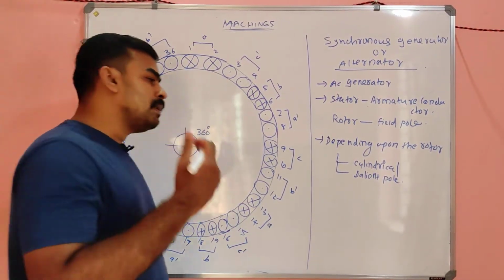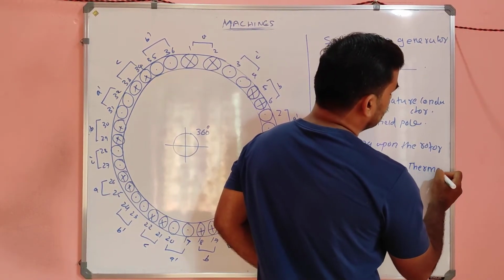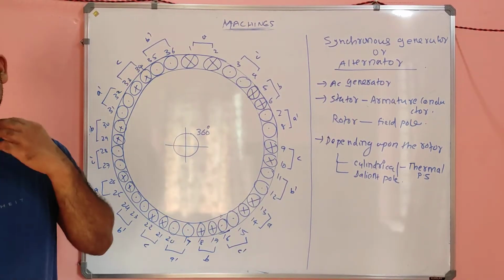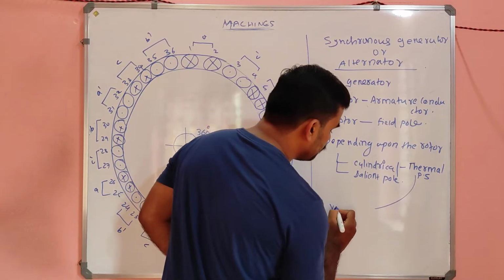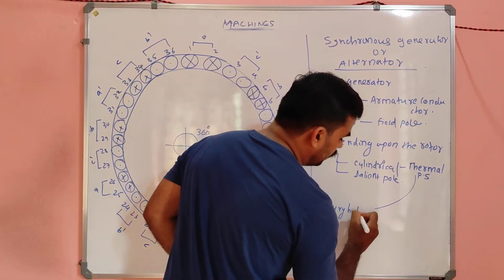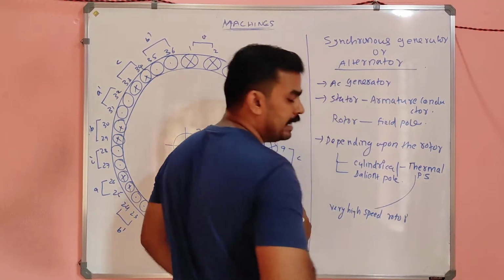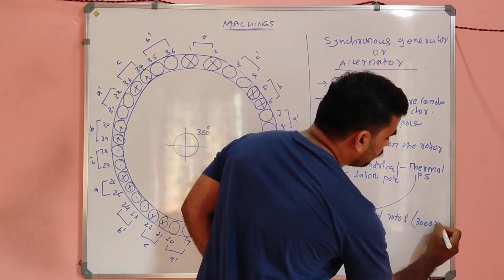In thermal power stations we are using the cylindrical rotor, and this cylindrical rotor is a very high speed rotor, normally in the range of 3000 rpm.